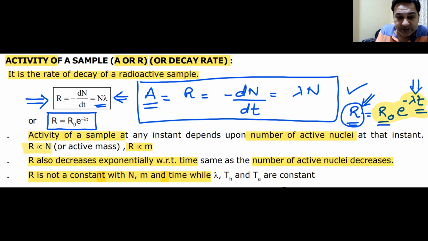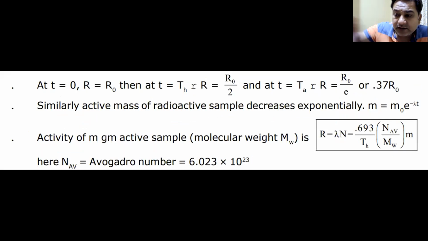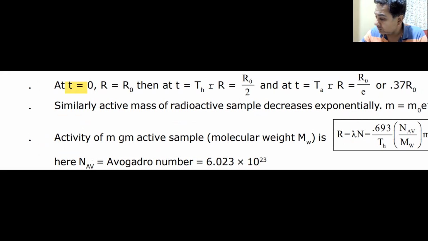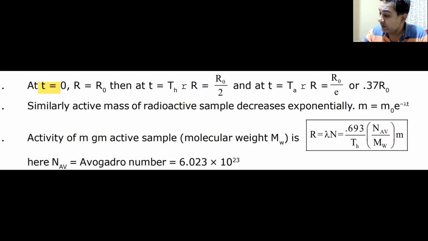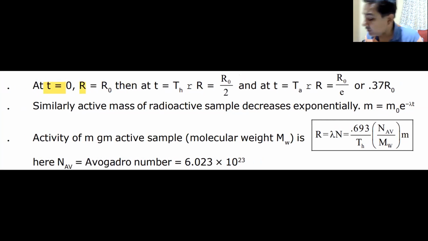Then again, the same thing that we discussed in the number of nuclei formula. At time t equal to 0, the value of R is R naught. Do we understand this?